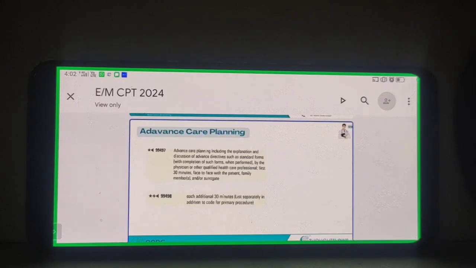During that time, the doctor explains the advantages of the advanced treatment method. What are the advantages? What are the disadvantages? Everything should be explained during that time.